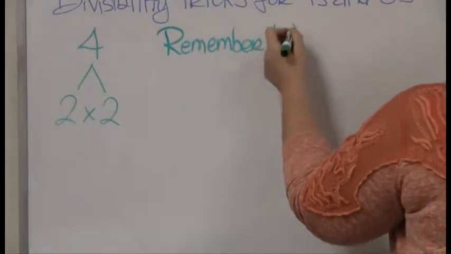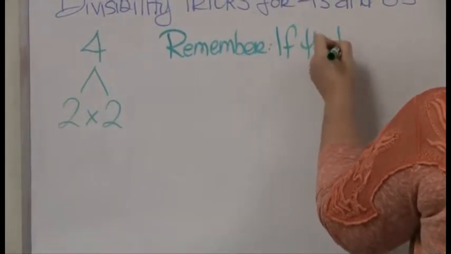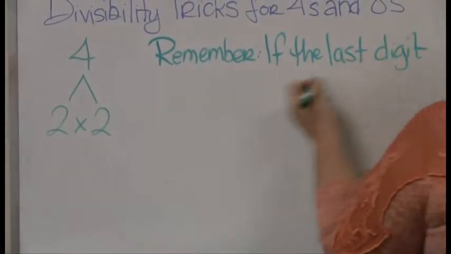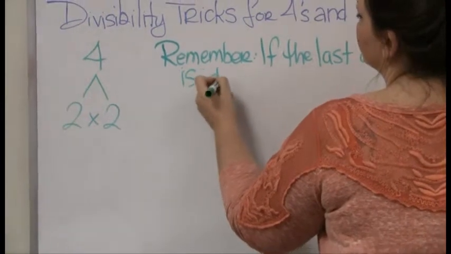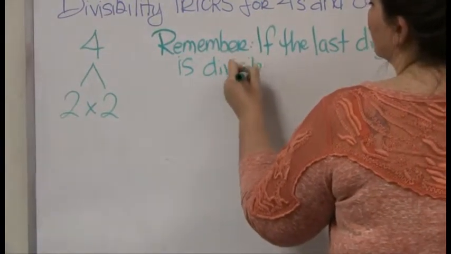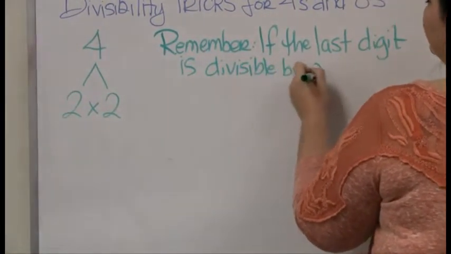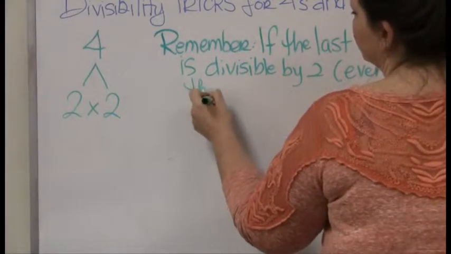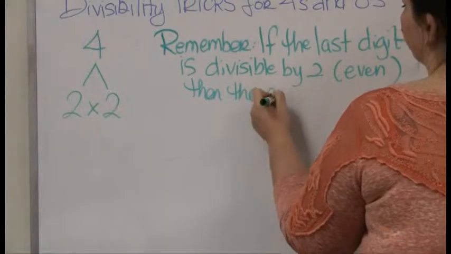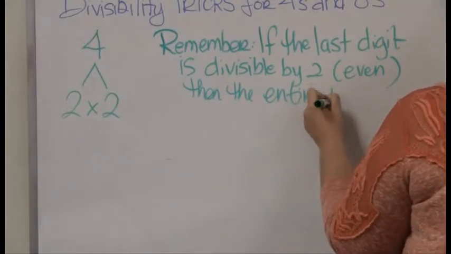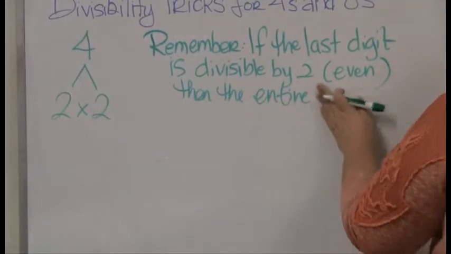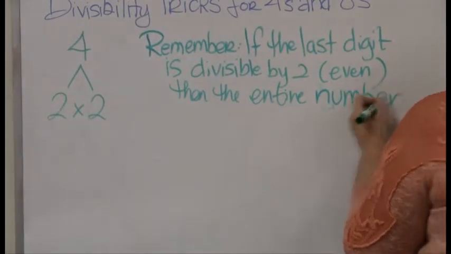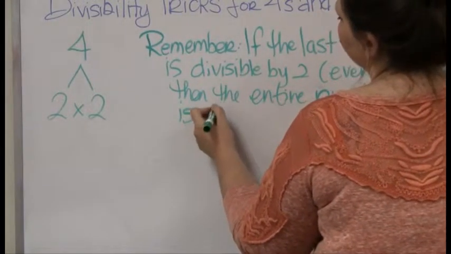We said if the last digit is divisible by 2, and how did we know that it was even, then the entire number, I should spell out number, huh? Getting sloppy today, is divisible by 2.